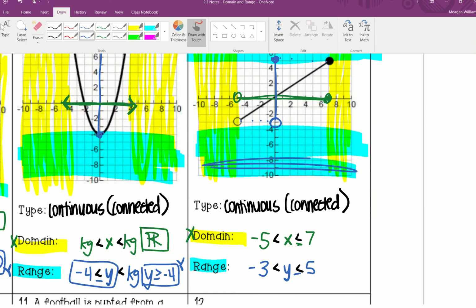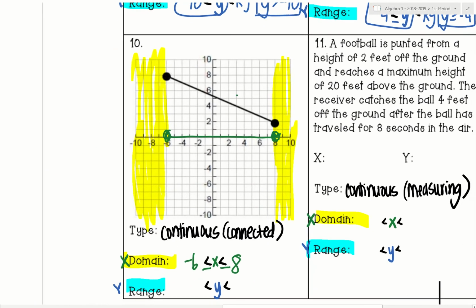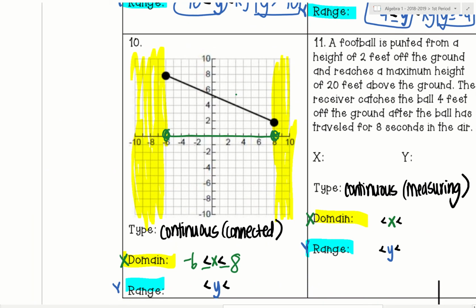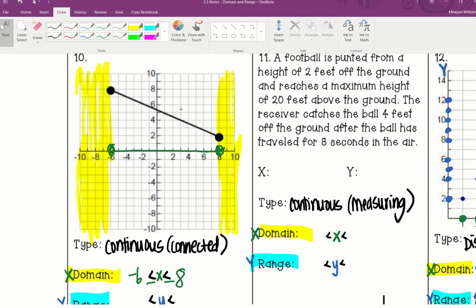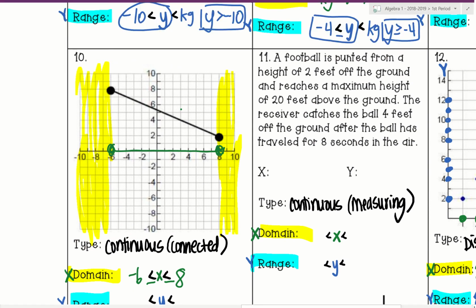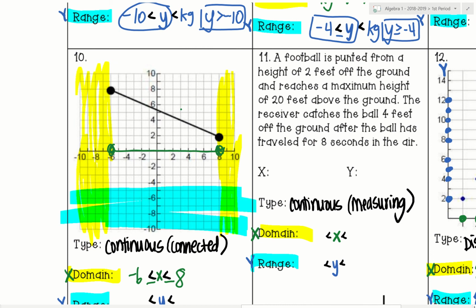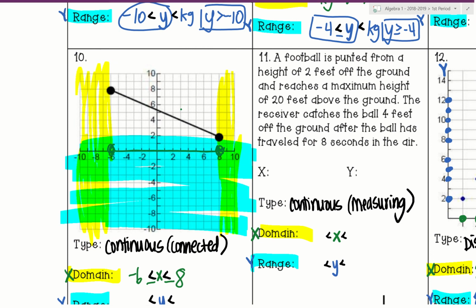Okay. Let's do number 10. And then we'll call it quits for today, because we'll do 11 as a word problem next time. Okay? Number 10. Ready? Walk me through it. Okay, and where's my dot at? It's at +2.